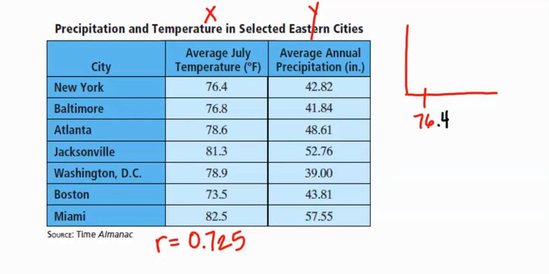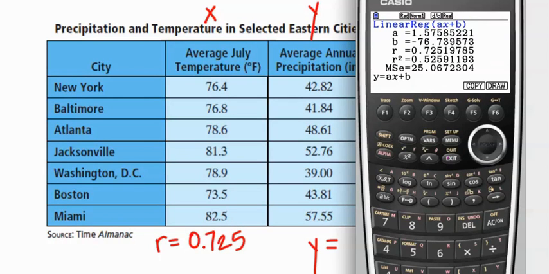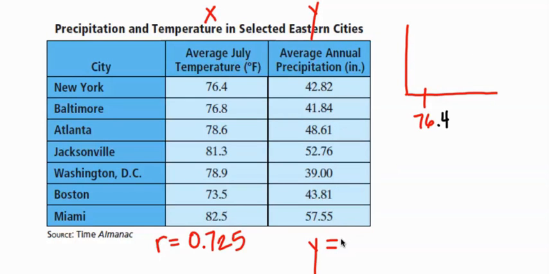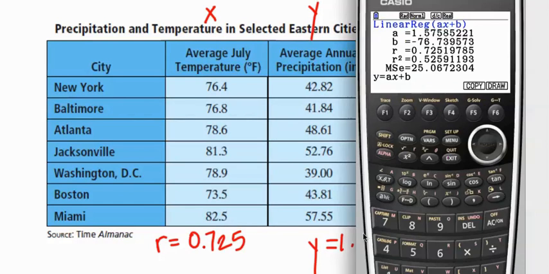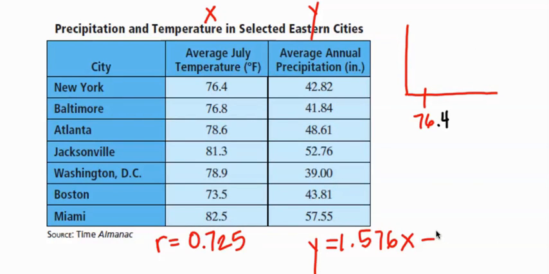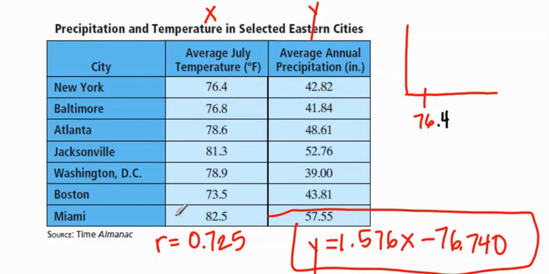And our equation is y equals 1.576x minus 76.740. So there's our equation. However, it's got a very low correlation. So it's not very good.